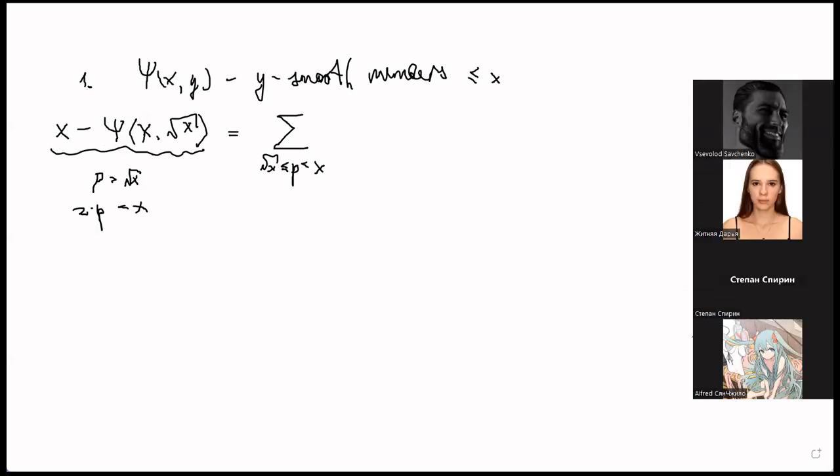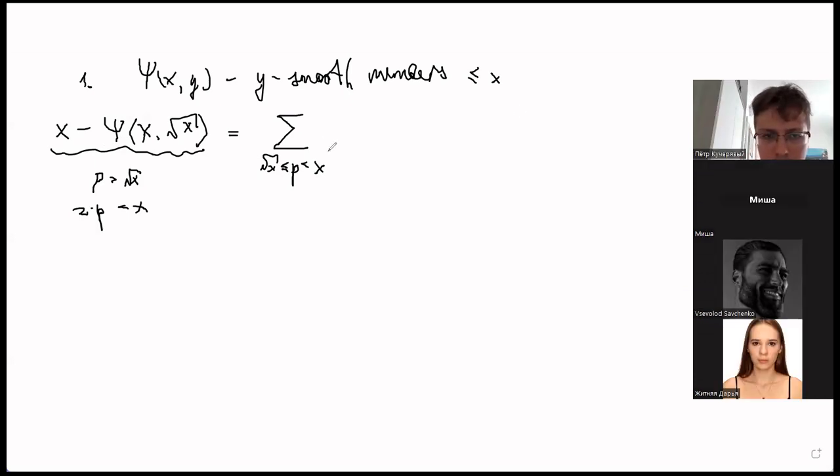Who can say? The number of such primes times square root of x. No, we sum over such primes. And for each prime, how many numbers less than x are divisible by this prime number?